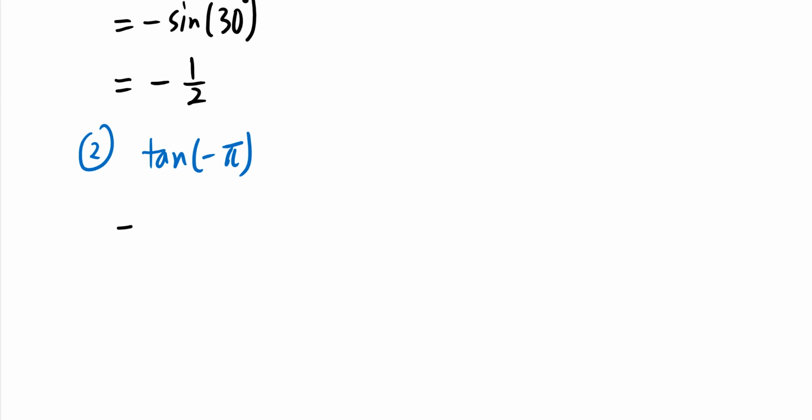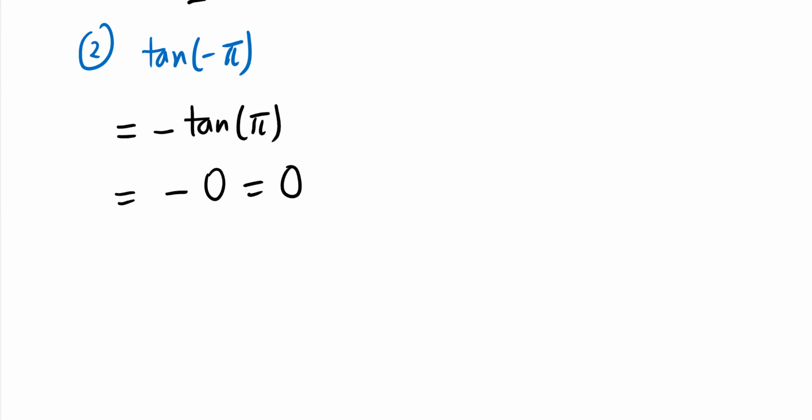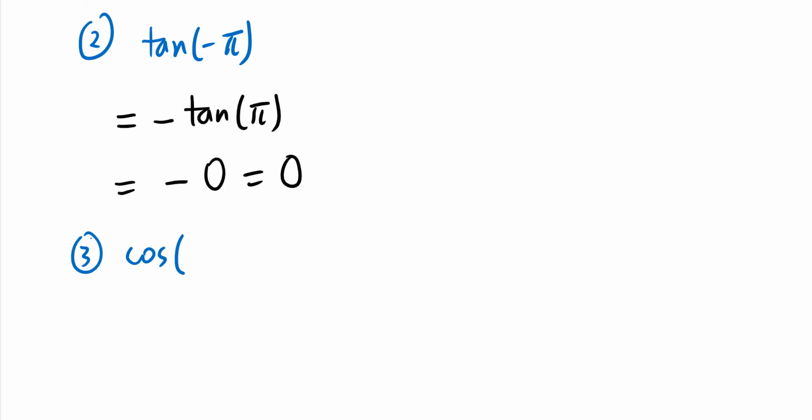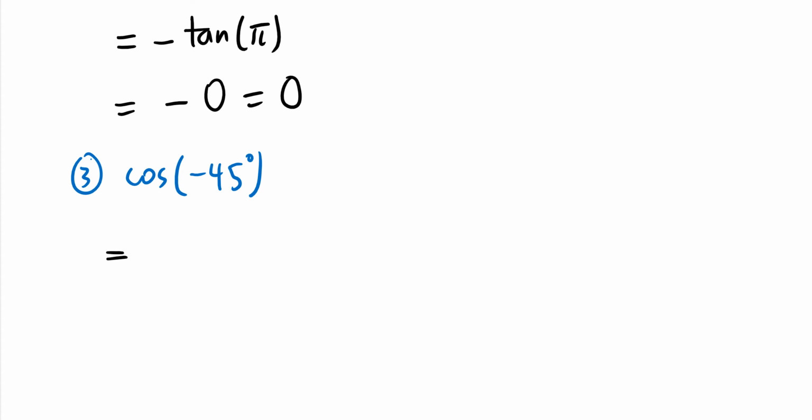Again, tangent is an odd function, so we can take the negative out, negative tangent pi. Tangent pi is 0, so that's simply 0. Another one, cosine negative 45 degrees. Cosine negative theta is cosine theta, so you can drop the negative sign. And from the previous section, we proved that this is square root of 2 over 2.